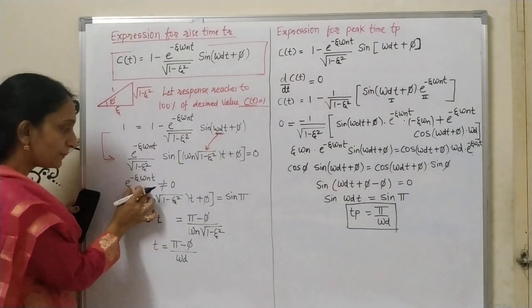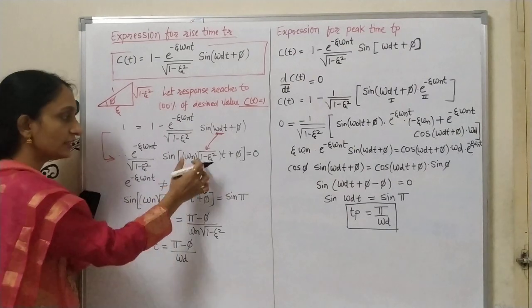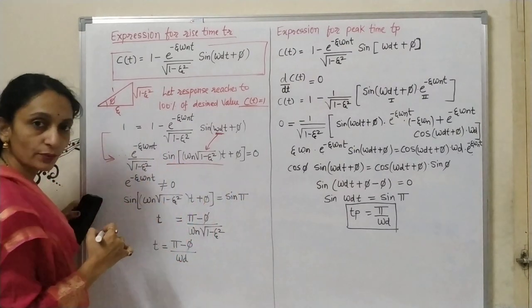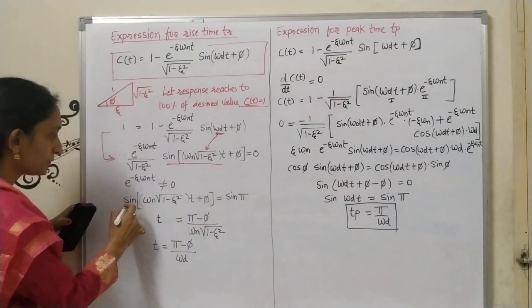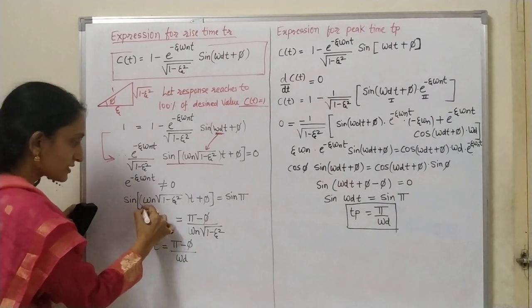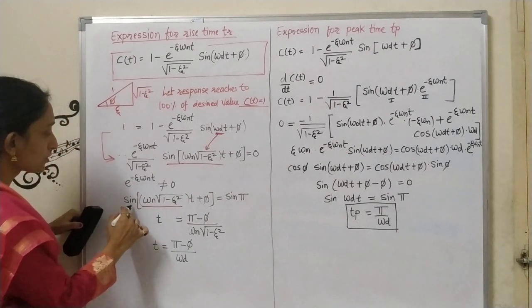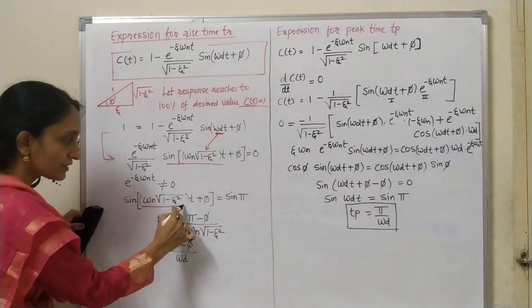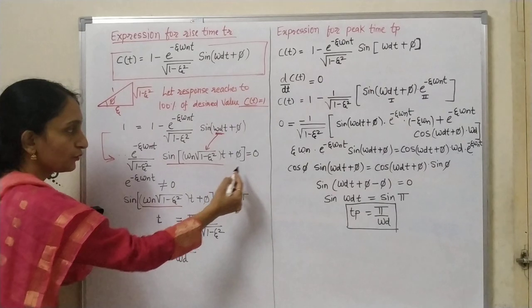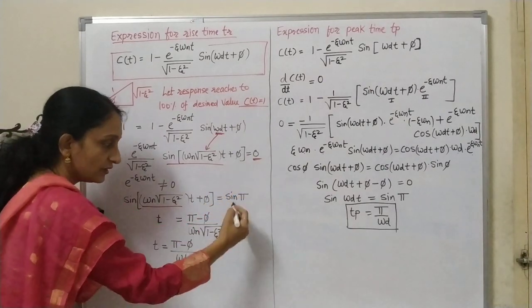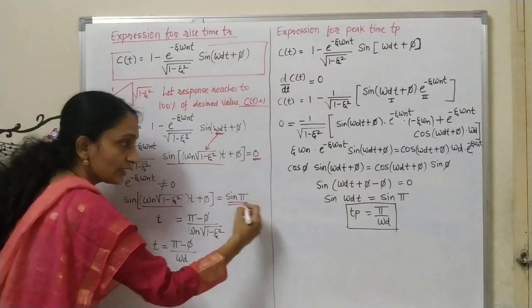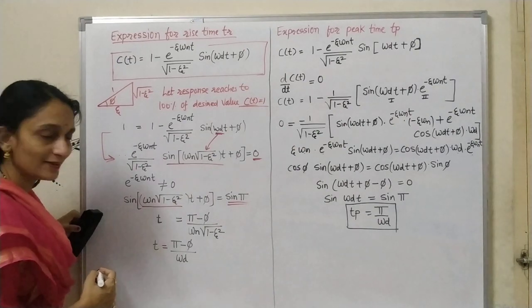The exponential part cannot be 0, so definitely the sinusoidal part will be 0. So sine of omega n under root of 1 minus zeta square t plus phi equals 0, which means it is sine pi, since sine pi is 0.